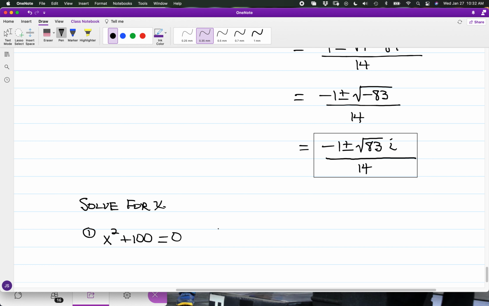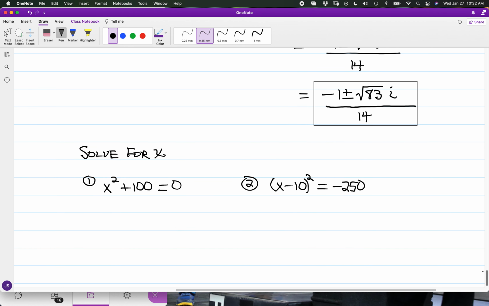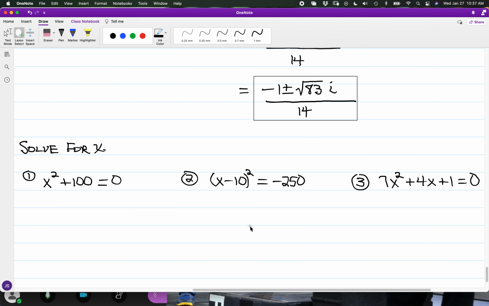And also, we'll say we have x minus 10 squared is equal to -250, and we'll say that we have in the mix, and this one I think is going to have a radical reduction, 7x squared plus 4x plus 1 is equal to 0.